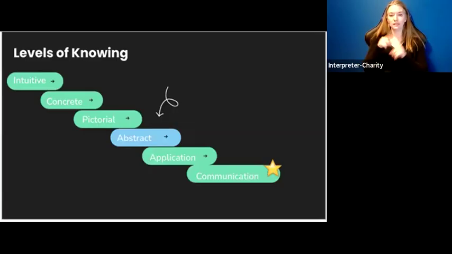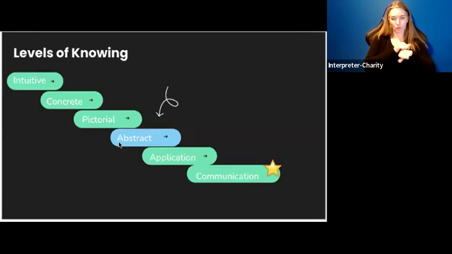We are starting to move from physically manipulating tools into just showing that two-dimensional look on a piece of paper. The fourth level is called abstract. In the abstract level, students begin to write equations or number sentences for the work they've been doing in the intuitive, concrete, and pictorial levels.